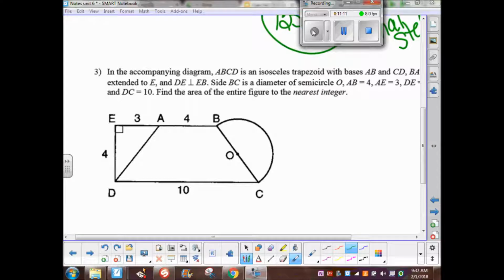Where's the little circle? That's an O. So we have a triangle, we have a trapezoid, and we have a half circle.